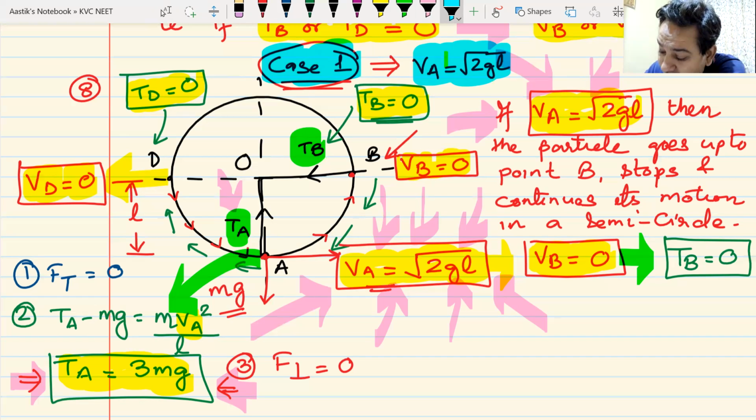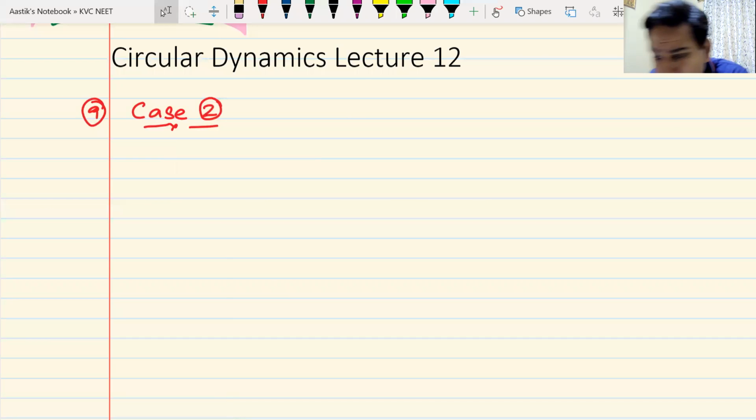The next point is point number 9, which is case number 2. I hope everyone has written this. I'll wait. Case number 1, velocity at point A is root 2GL. Now I would ask you the question.